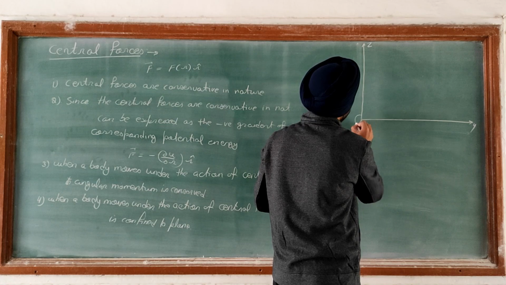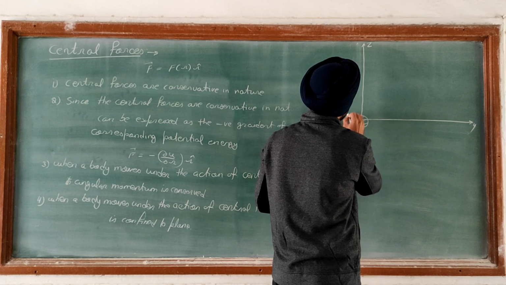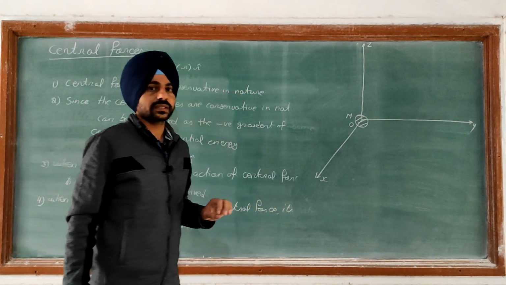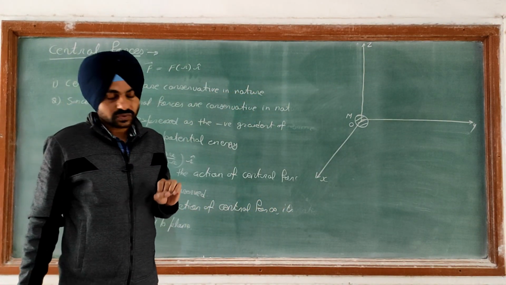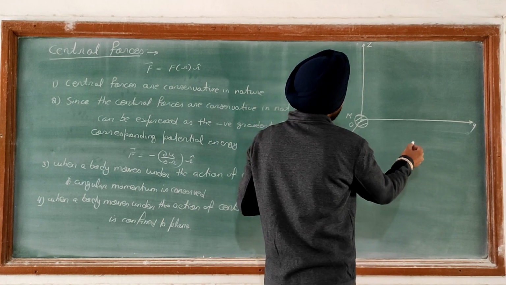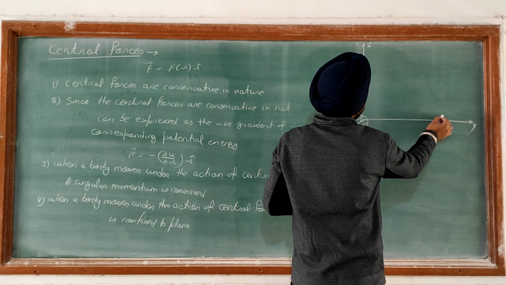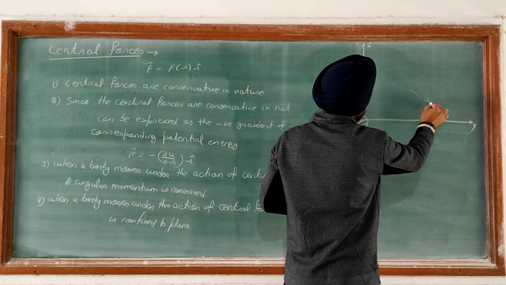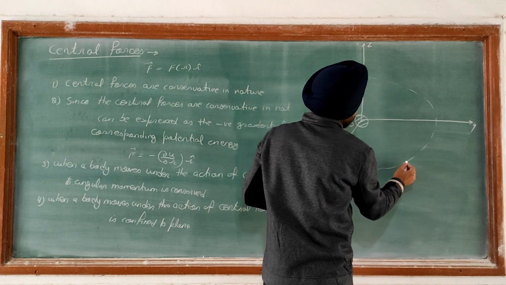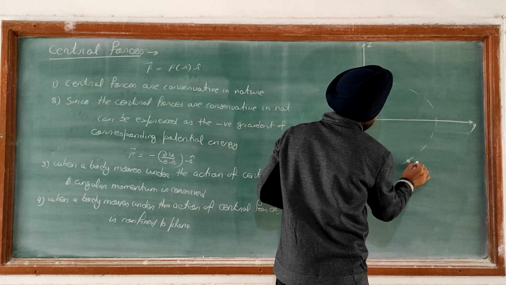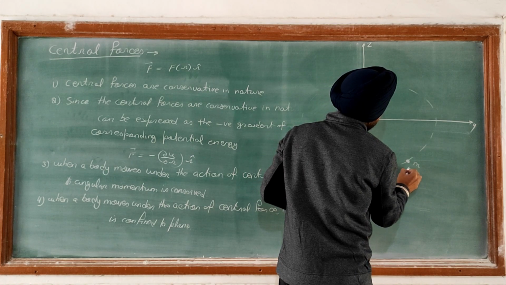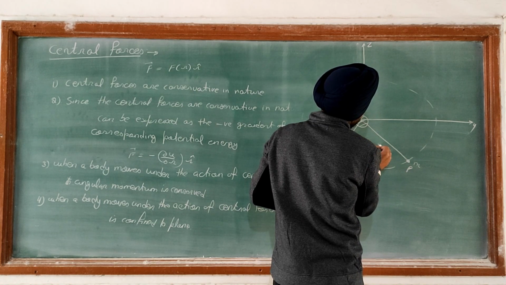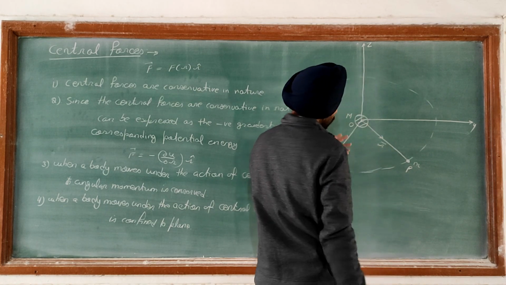Now here is a heavy mass M located at the origin, point O, and a small mass moves under the action of this gravitational force in this plane. Here is the small mass, let it be at point P. So this is the vector R, OP.